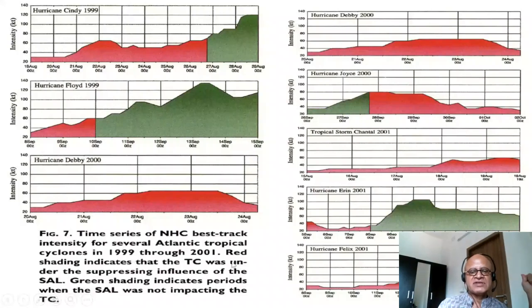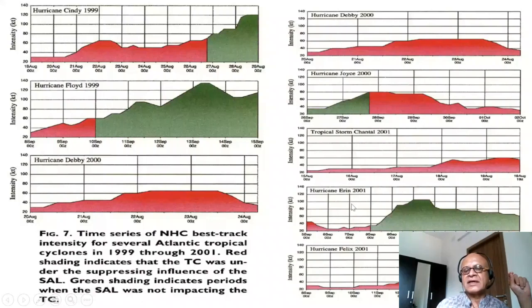So those are northern hemisphere, of course. Red shading indicates that the TC was under the suppressing influence of the SAL. Green shading indicates periods when SAL was not impacting the TC. So you can see each one is a named storm, of various intensities.